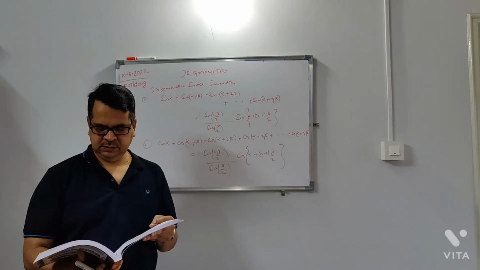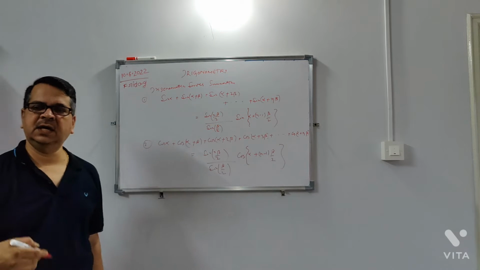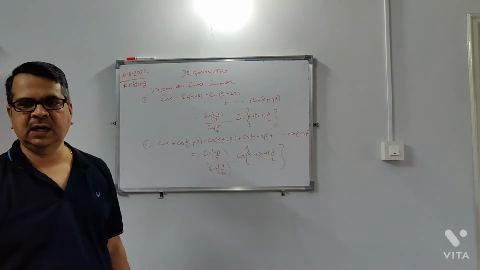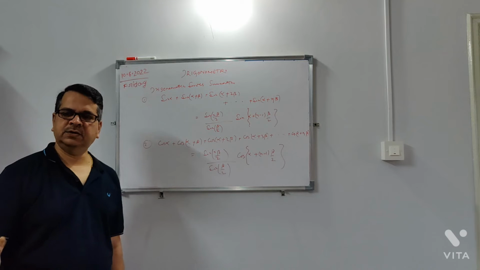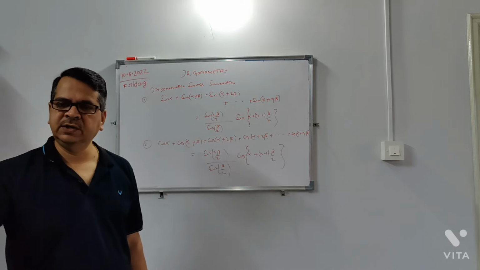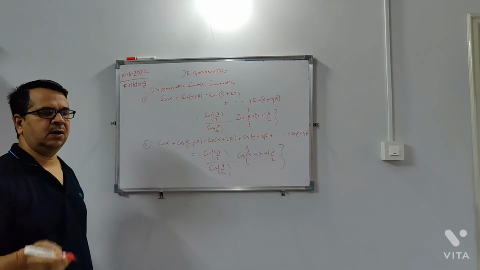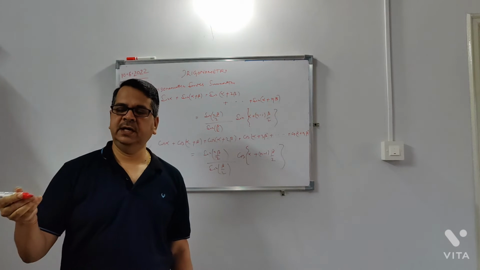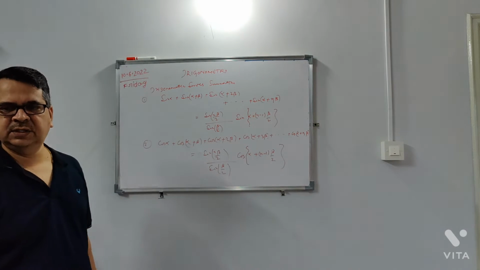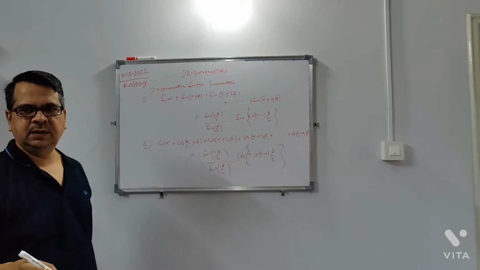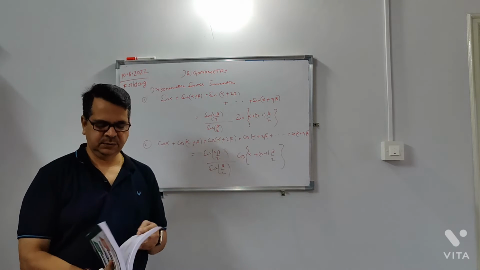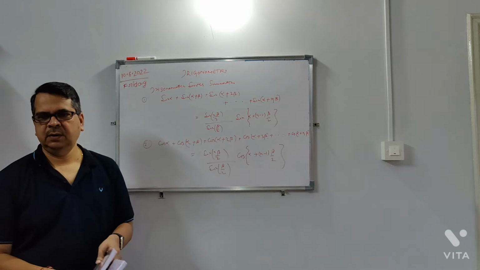So that is 90 plus theta, 90 minus theta, 180 plus theta, 180 minus theta. That you have to remember. For 90 plus or minus theta, it will become the complementary function, sin becomes cos. But for 180 plus or minus theta, it remains the same. So those are the summary.